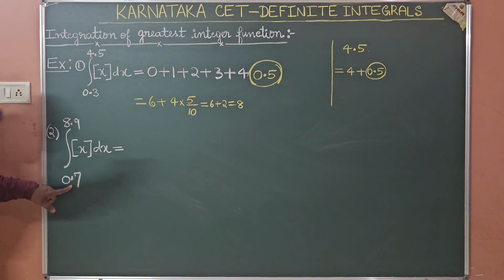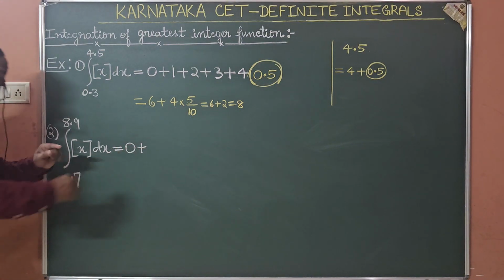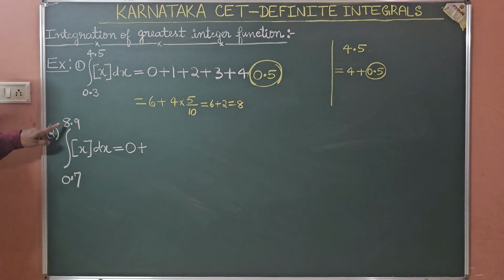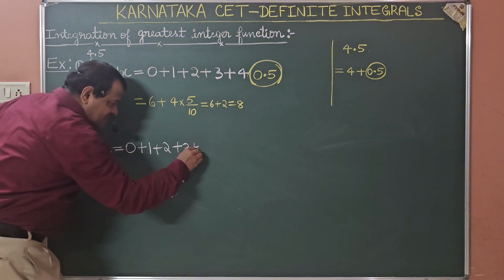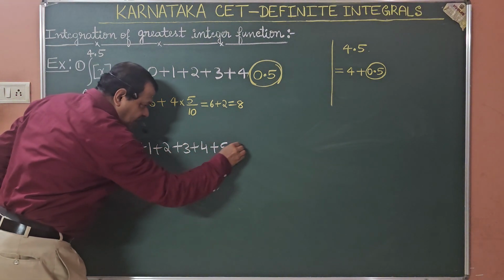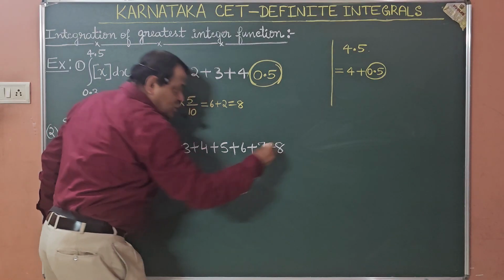Go to the previous immediate integer, that is 0. So start adding from 0 and keep on adding till 8. Even 8 should be added. 1 plus 2 plus 3 plus 4 plus 5 plus 6 plus 7 plus 8 also should be added.